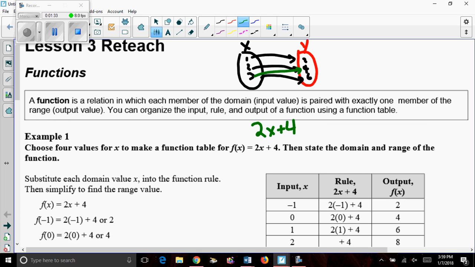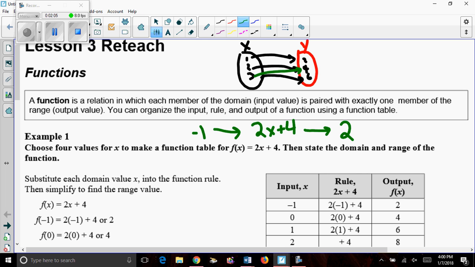The rule being, hey, this x number is related to that y number if you follow this rule. Meaning, if I take a -1, I plug it into this expression, this rule, it should output a number on the range. In this case, that would be 2.